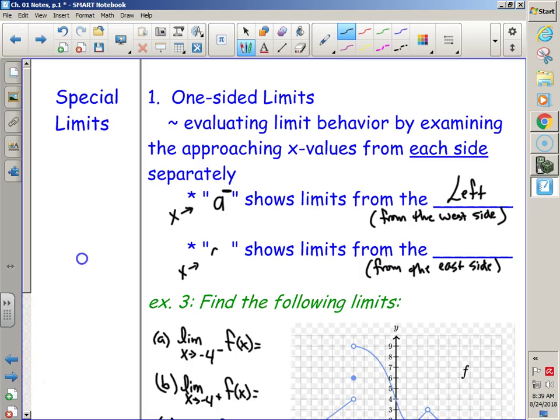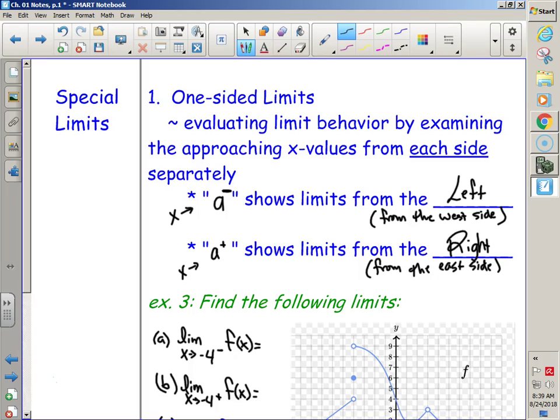If x is approaching a with a little positive in the exponent, you're not raising anything to a power, it's just notation. X is approaching a from the left, x is approaching a from the right. You can think of it as numbers a little bit lower than a and a little bit above a.